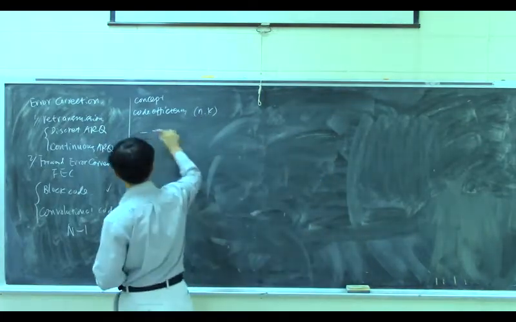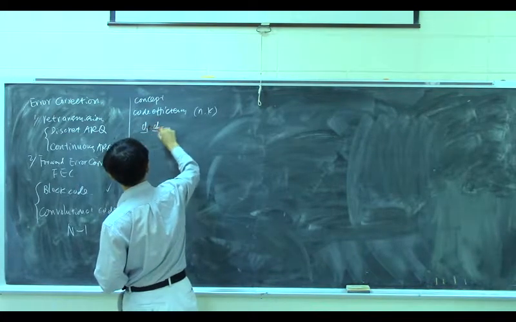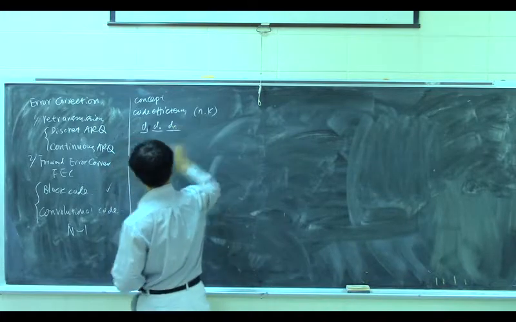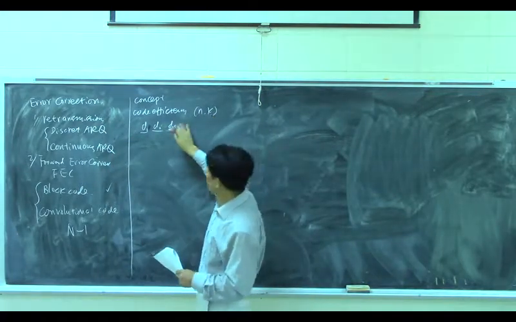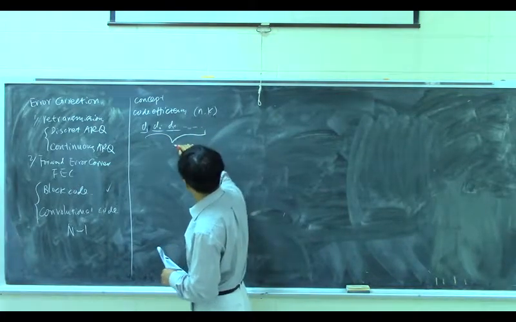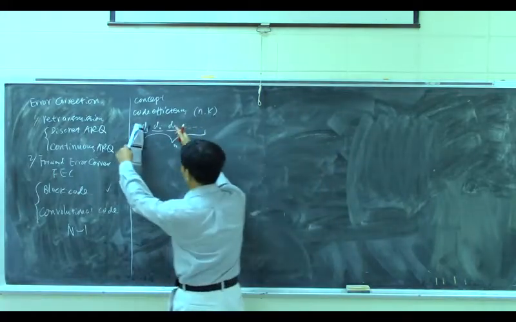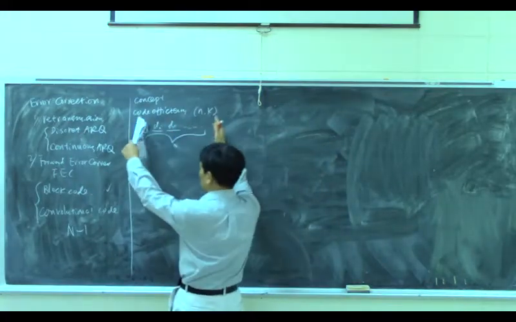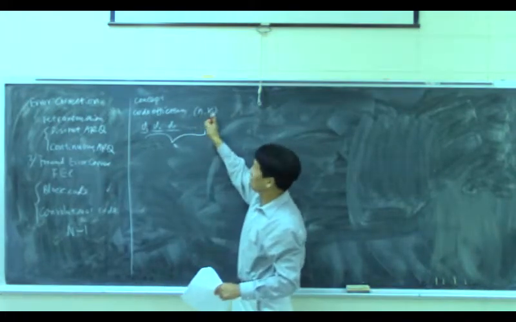If I have data D1, D2, up to Dk, so k bits of data, and I add some checking bits, the total is n, the number of bits in the code. The data plus the checking bits is called the code. We write this as an (n,k) code.